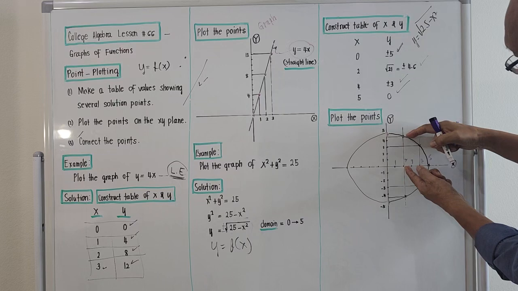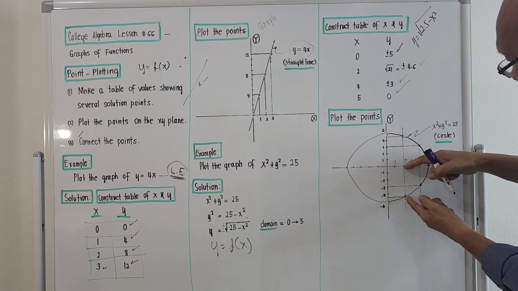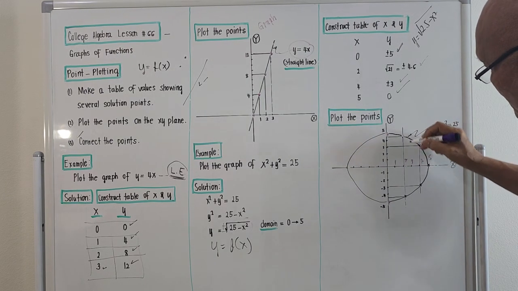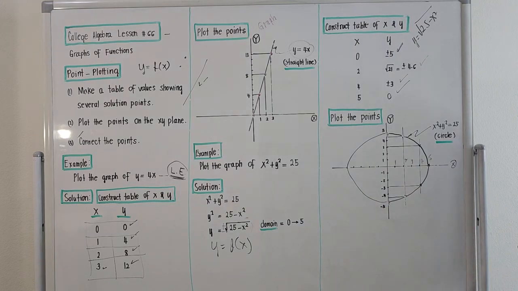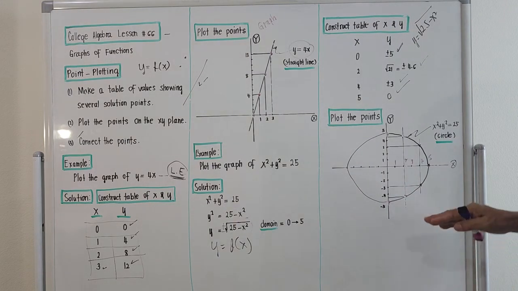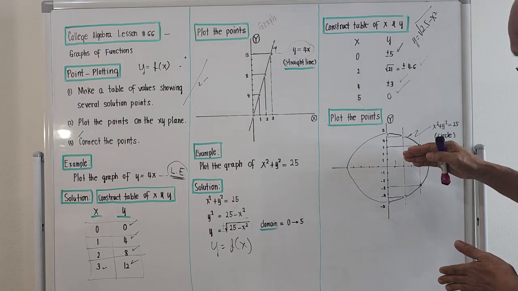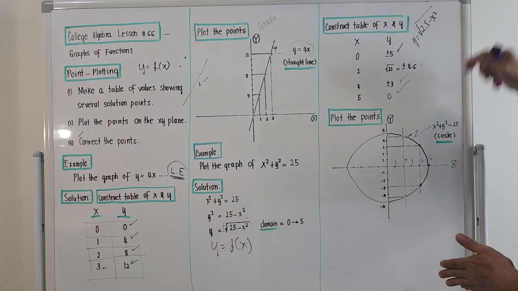So this height here is 4.6, and this height here is negative 4.6. So the corresponding 2 points are this point here and this point. So it seems the graph is actually symmetrical with respect to the x-axis, right? Because there is a value that is on top and there is a value that is below.